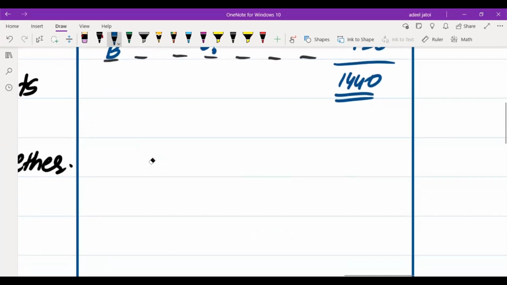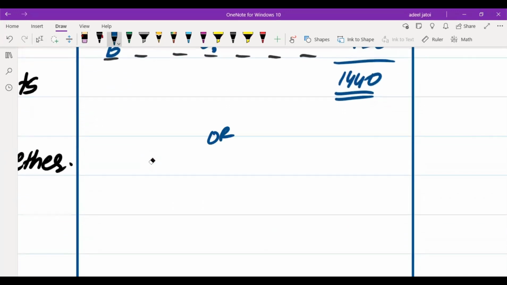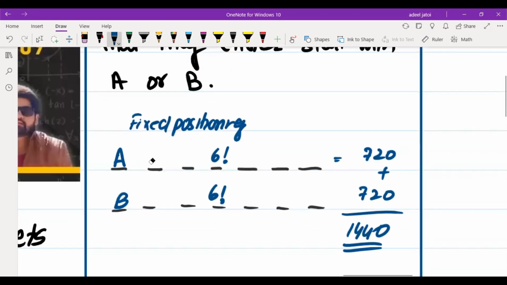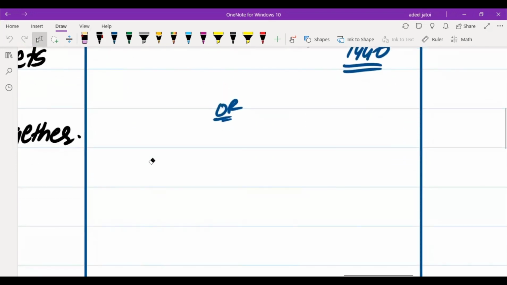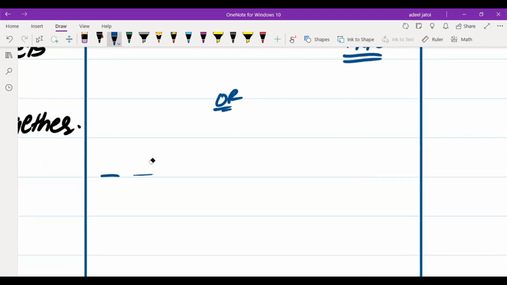Or there is another way. What we did was we fixed the position initially here. Now I'm not fixing the position. 1, 2, 3, 4, 5, 6, 7. Which means in this particular point, either I can have A or B, because this is my first position, right?